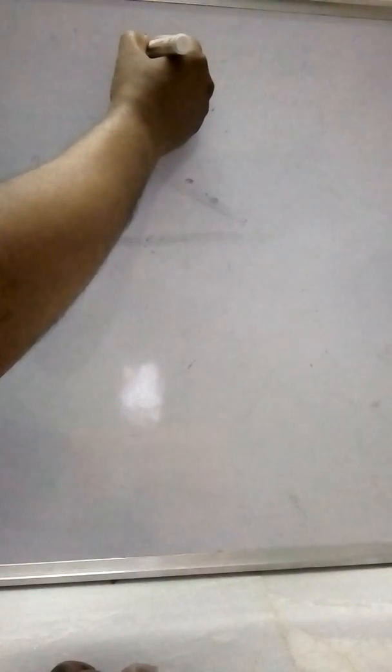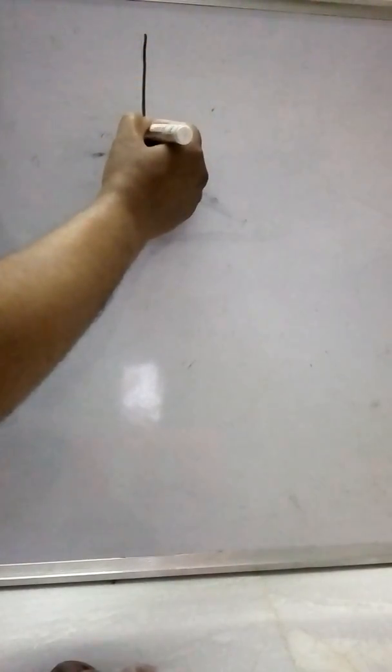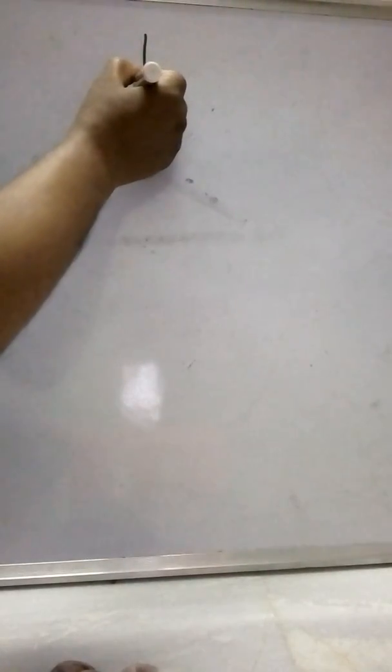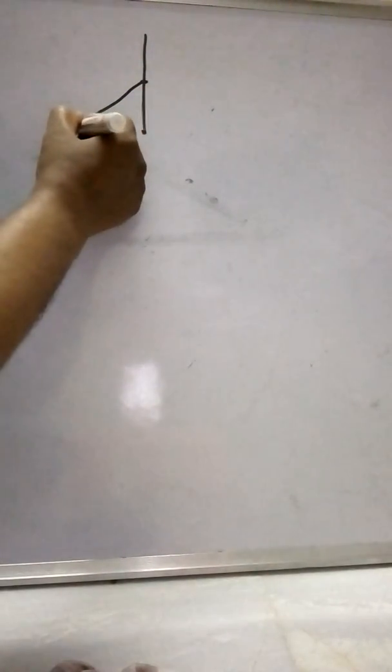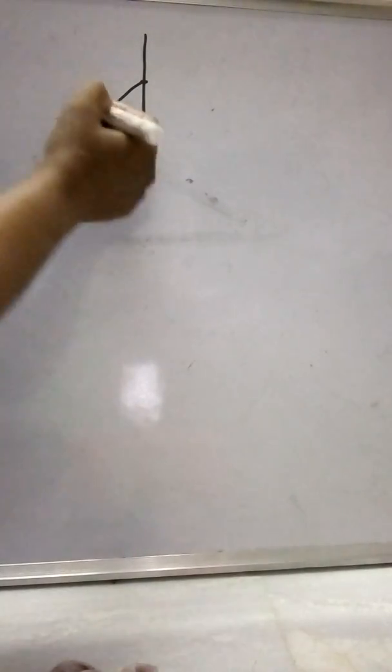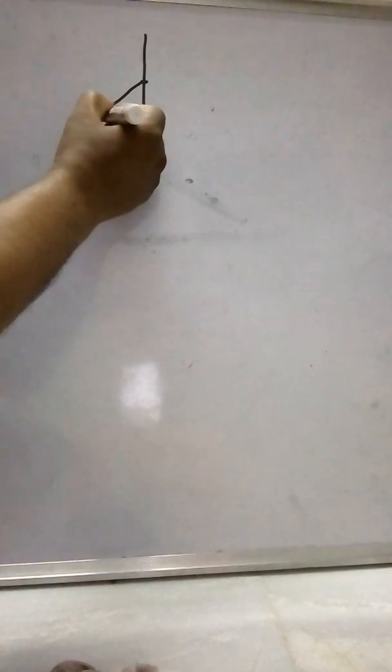I'll say it this way: for example, if this is a tree, from this part it is broken, so it bent down, it came like this, and it is making an angle of 30 degrees with the ground.